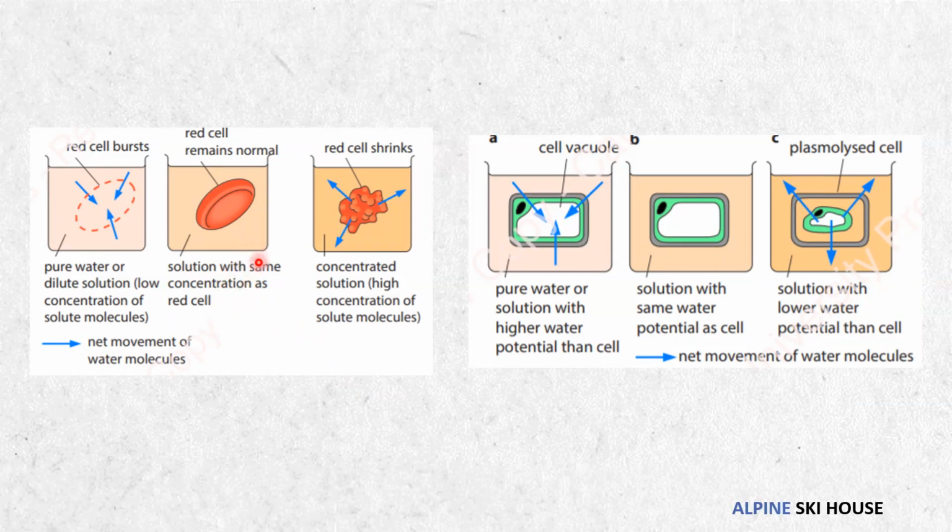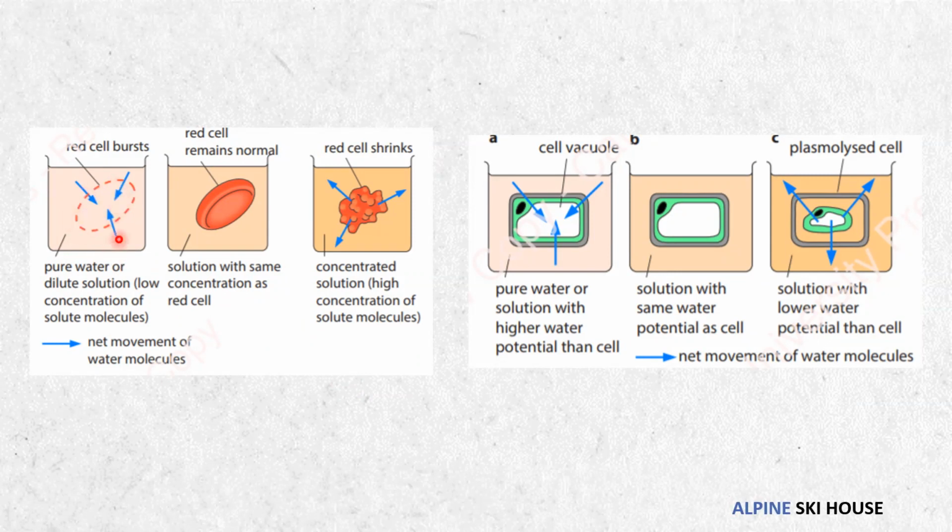For instance, in the same solution as the red cell, which is 0.7 to 0.9% NaCl, it's going to remain normal. But if I put a red blood cell in a very dilute solution, which is a hypotonic solution, which means the solute is hypo, it's very less. What's going to happen as compared to what is inside? So hypotonic and hypertonic are always comparative terms for two fluids put against each other in osmosis across a membrane.